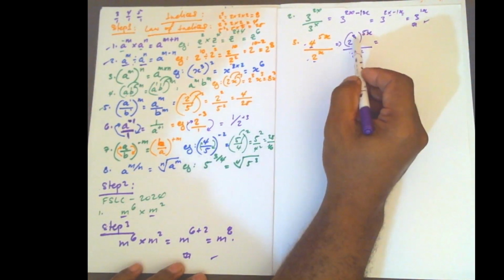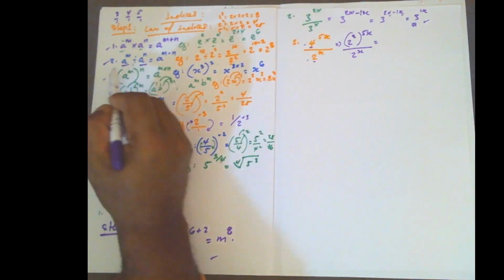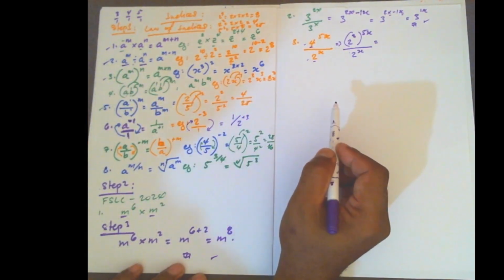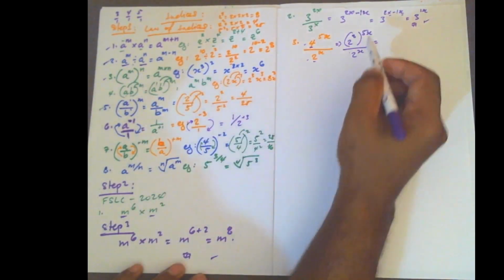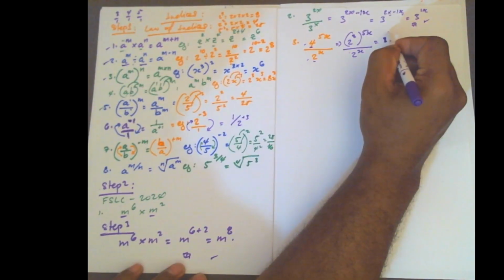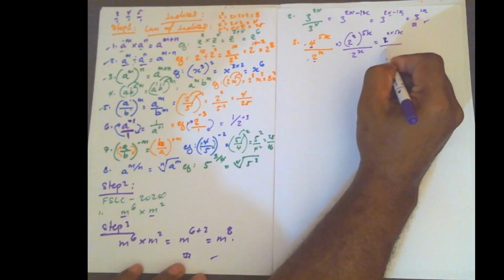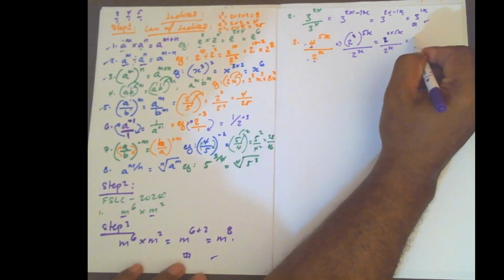Now, what do you understand about a power raised to another power? That's law number 3. A power raised to another power, we multiply the powers. So this is 2 to the power of 2 times 5x over 2 to the power of x. Now simplify.